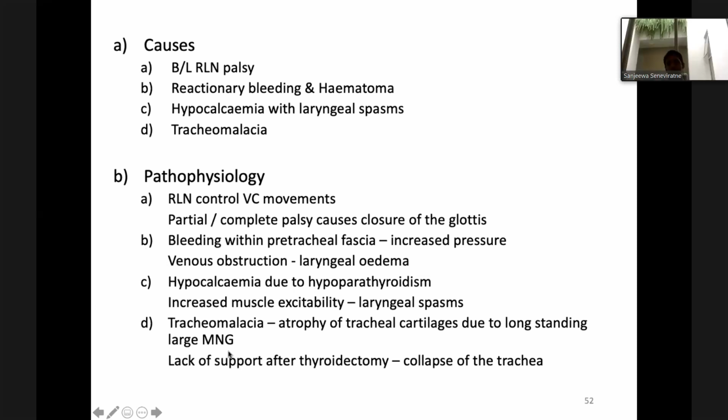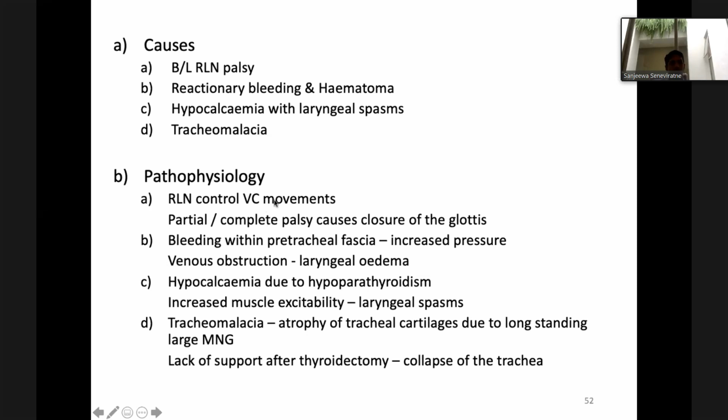In long-standing multinodular goiter, there will be atrophy of tracheal cartilages due to pressure atrophy. So the patency of the trachea in those patients is supported by the presence of the thyroid. Once the thyroid is removed, there is a risk of the trachea collapsing completely, causing upper airway obstruction.